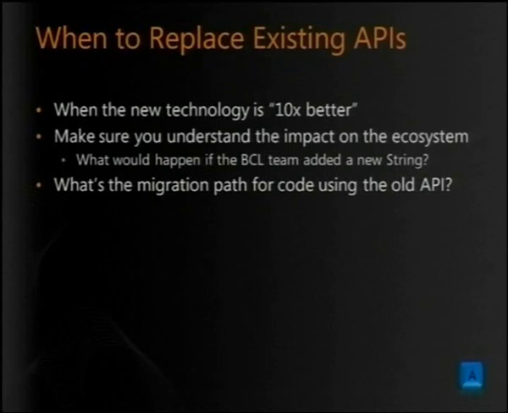So how do we think about replacing APIs and creating duplication? We do this from time to time, and I think it does make sense from time to time. But the way I think about this is the new feature that supersedes an old feature needs to be roughly 10 times better. And that's just a way to think about this.